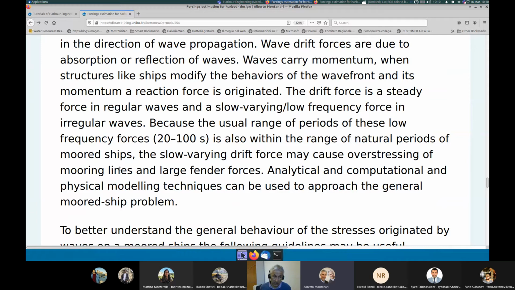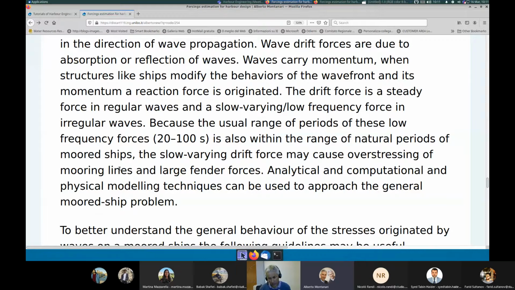Now, we have to be careful about these low frequency varying forces in irregular waves, because their period is often comparable with the range of the natural periods of moored ships. And this range is 20 to 100 seconds.